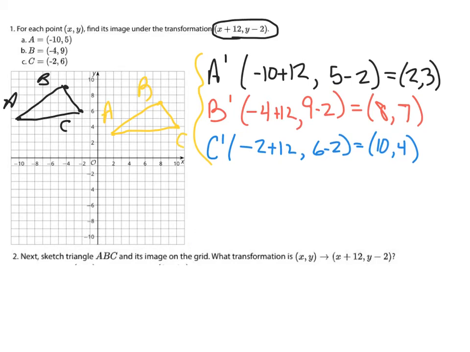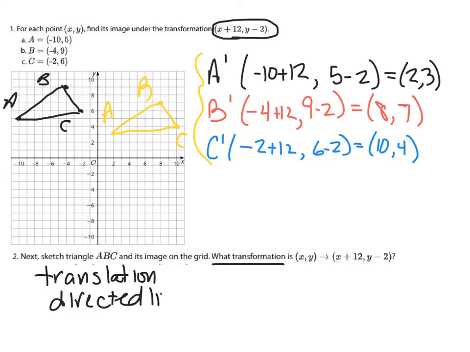So now it's asking what transformation is (x, y) to (x plus 12, y minus 2). Well, that's a translation, and we can say it's by a directed line segment.